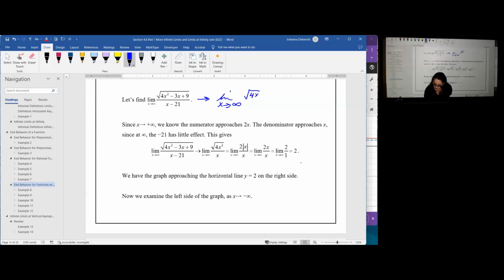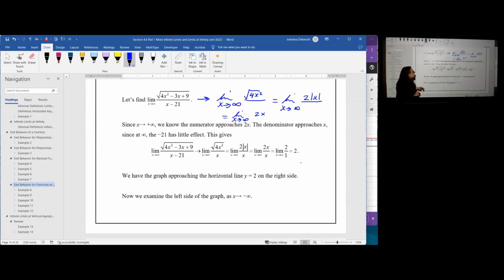We know, because it's going to positive infinity, and I'm just going to write that part for right now, that this is going to be the limit as x goes to infinity of 2 absolute value of x, which is just the limit as x goes to infinity of 2x. Now, what happens in the denominator?